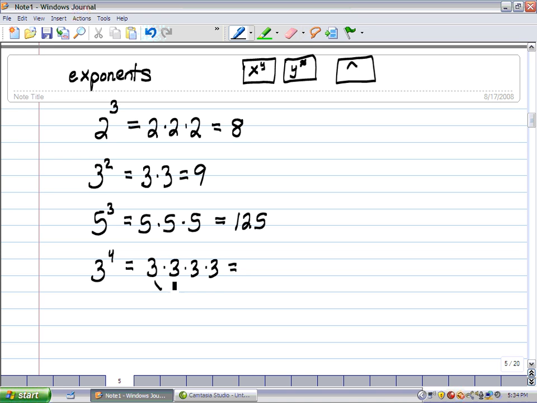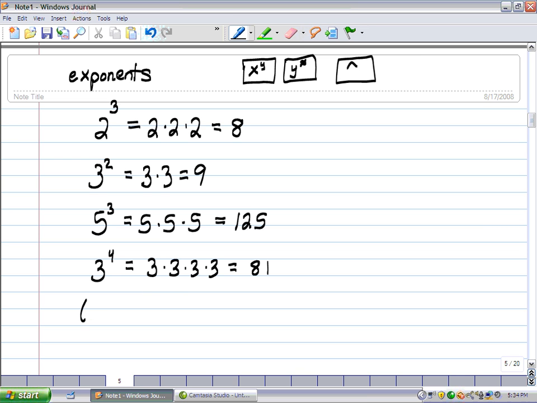We can say, let's do these 2. 3 times 3 is 9, and that 3 times 3 is 9, so 9 times 9 is 81. Or you could do what I said a minute ago. 3 times 3 is 9. 9 times 3 is 27. And 27 times 3 is 81.